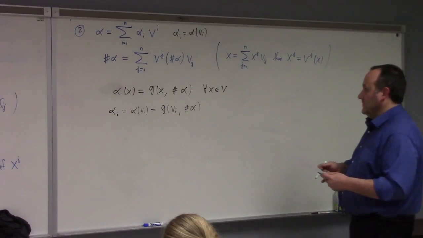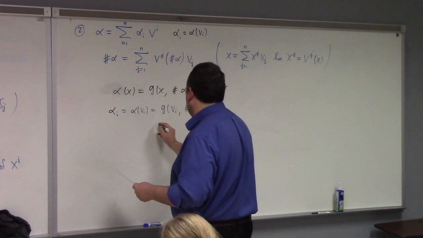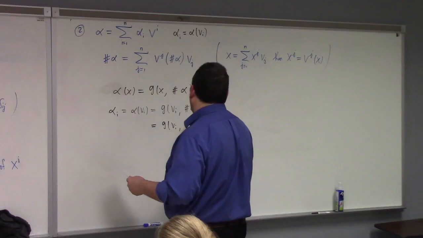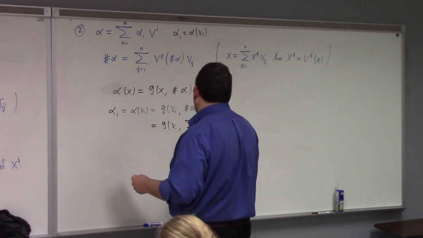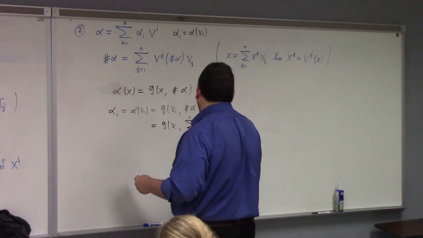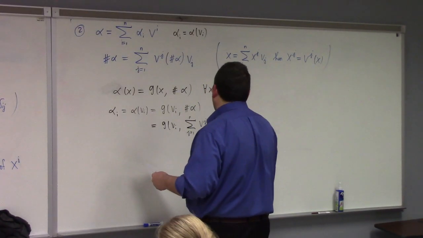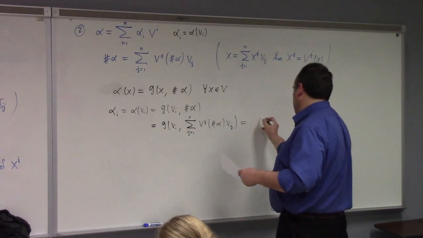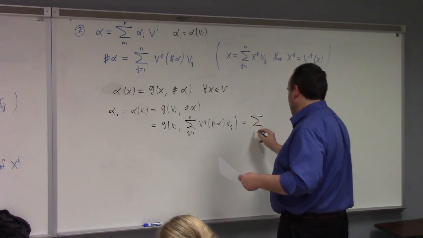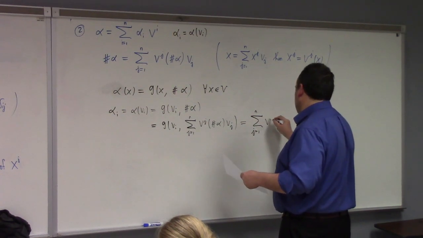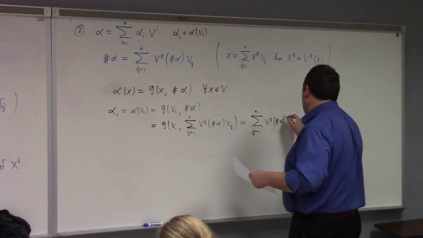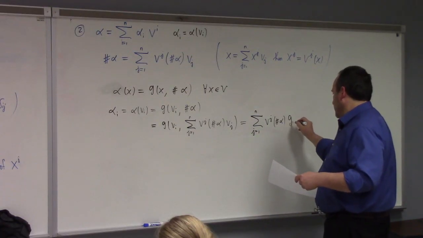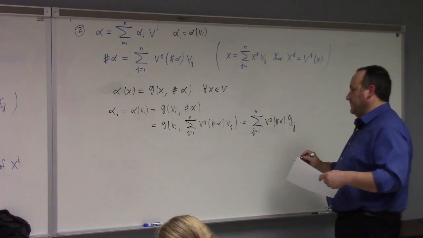All right. So this is equal to g of v_i with the sum j equals 1 to n of v upper j of sharp alpha, v lower j. We can pull the sum over j out, and the thing we're trying to calculate out, which is v upper j of sharp alpha. Notice that what we have left then is g of v_i, v_j, which is just g_ij.